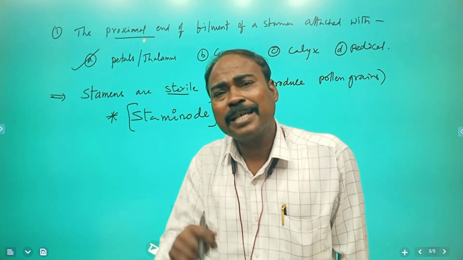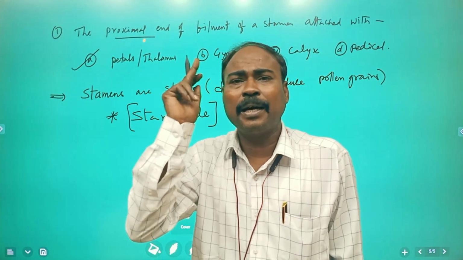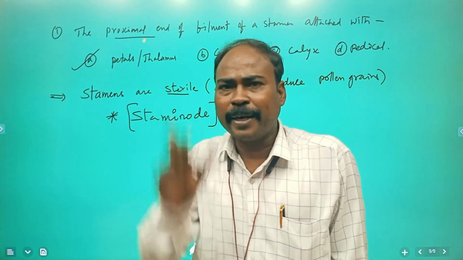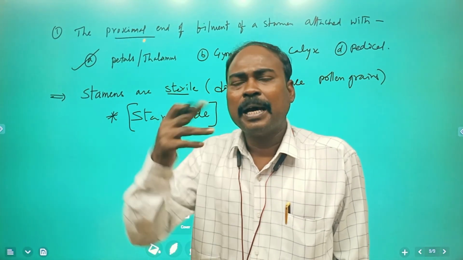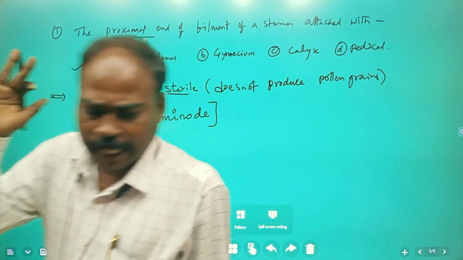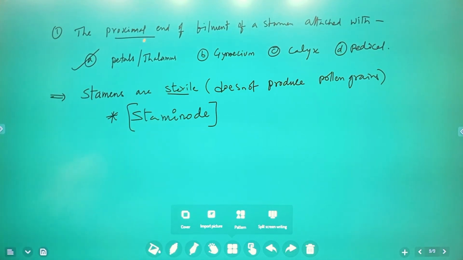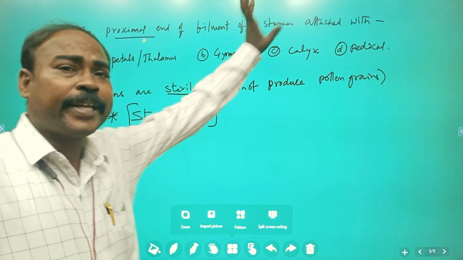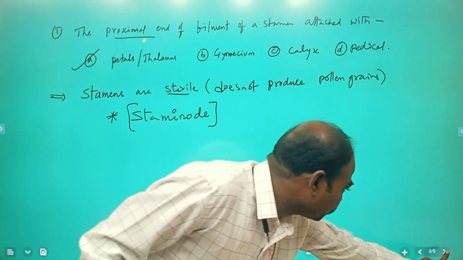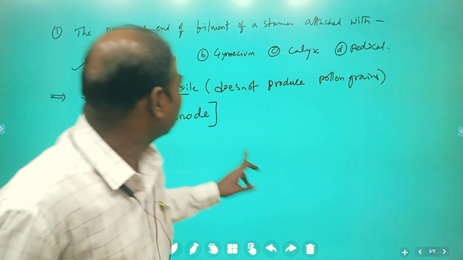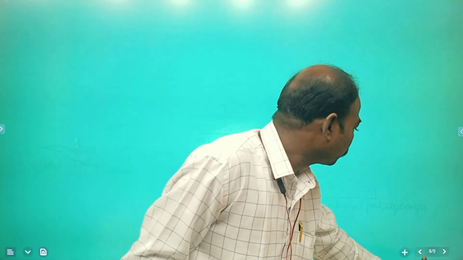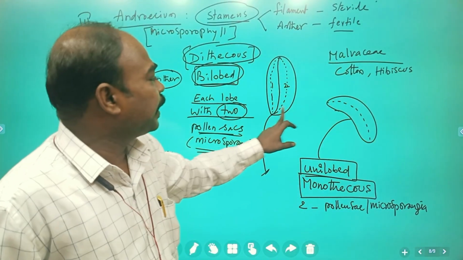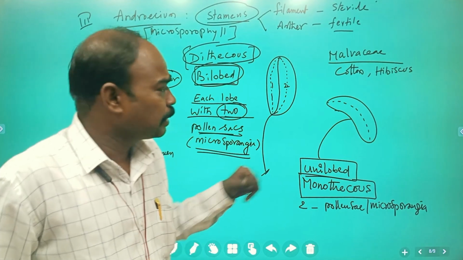Each and every stamen has two parts, a filament and an anther. The filament is a sterile stalk; the anther is globose and fertile. The anther is of two types, that is, dithecous or monothecous.